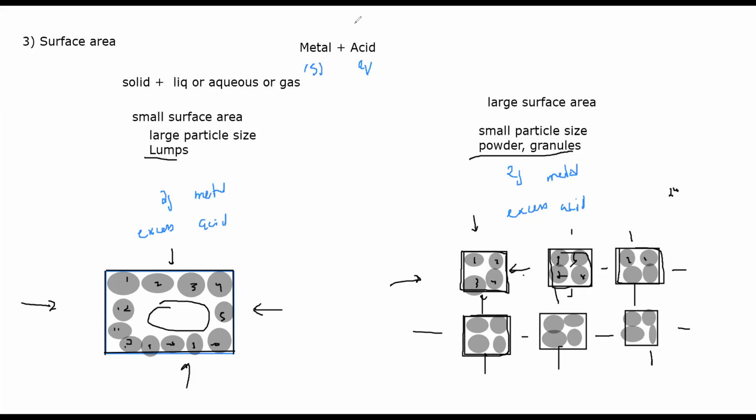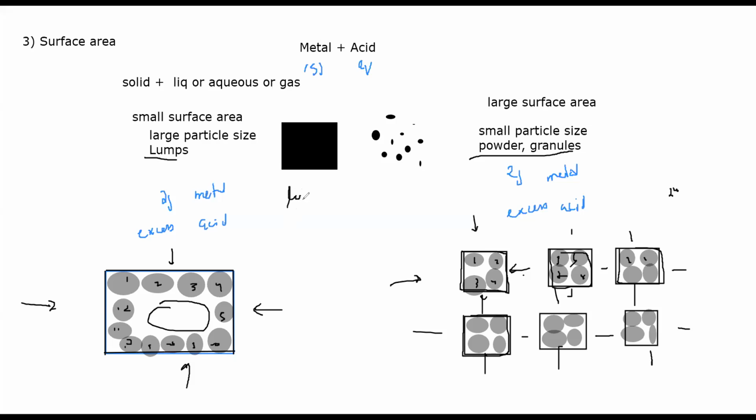And you can understand this with a simple example. If you have large sugar crystals or lumps, and you have powder sugar, and you add them to tea, which one will dissolve faster?